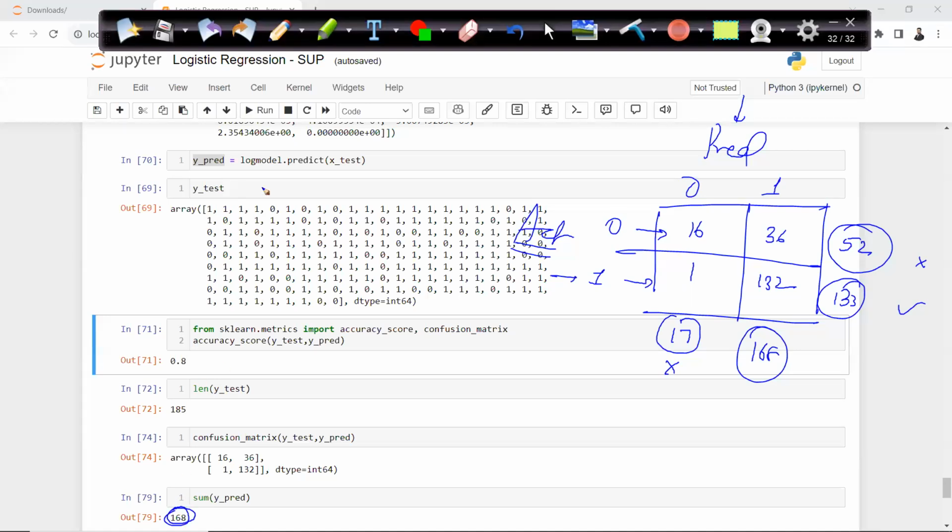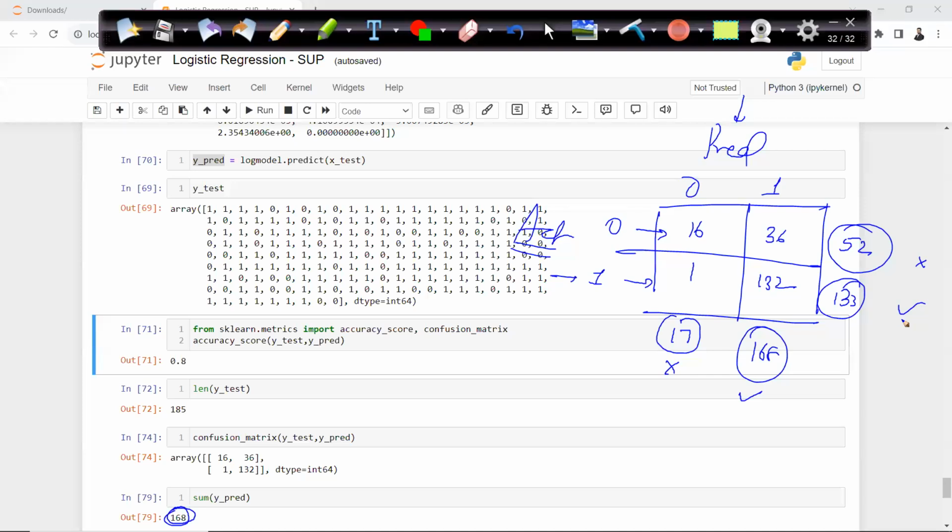So 168 is all ones. Total number of records are 168 plus 16 plus 1. That is my total number of test records. Out of that, 168 got the loan is what my model is saying. 17 did not get the loan is what my model is saying. But in actual, 52 did not get the loan and 133 got the loan is what the actual data is saying.